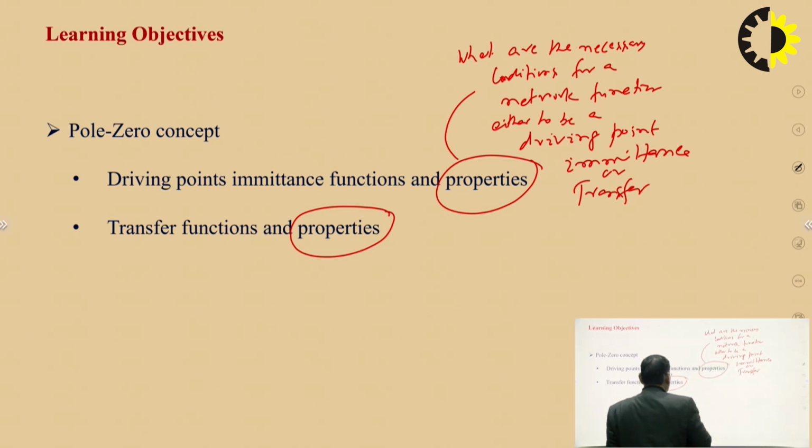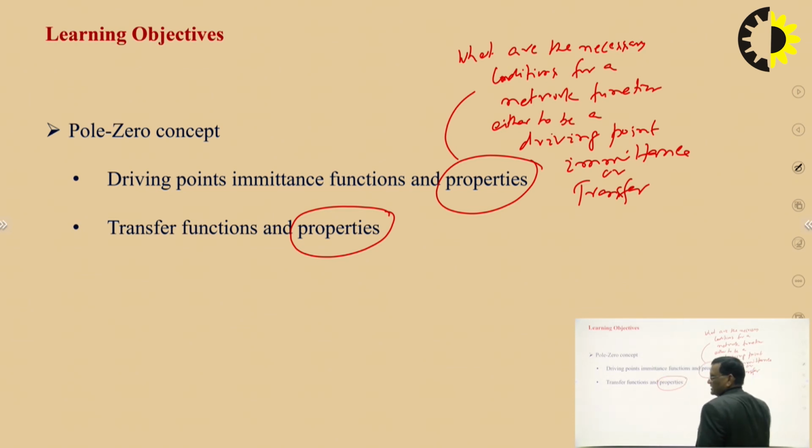Okay, so under the properties of transfer function and driving point, a network function is given and you are required to find out whether the given network function is driving point or not.